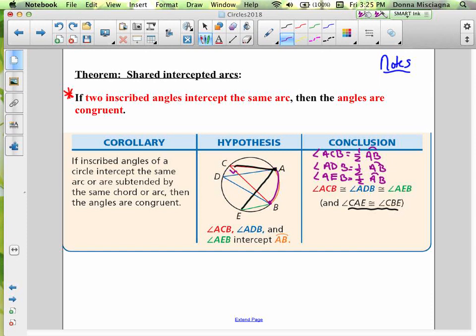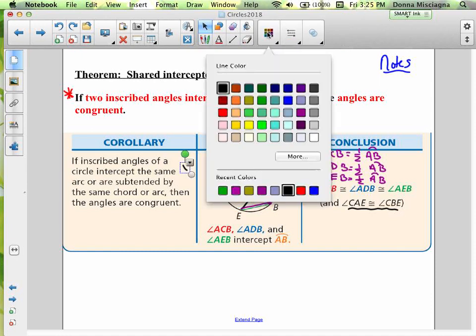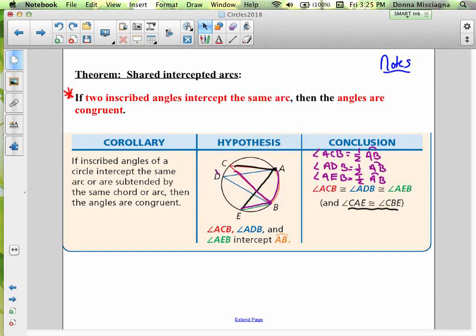What if I put the line way over here? I forgot it's supposed to be purple. Then I can drag it over. You have to be sneaky. So notice that the black arc and that purple arc intercept the same arc.